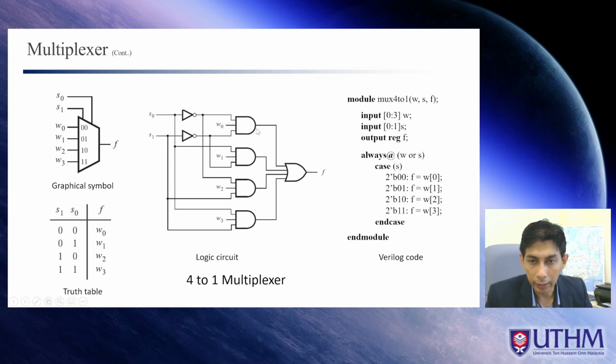And this is the structure of the 4-to-1 multiplexer, where this line is actually W0, S0 bar, S1 bar, so you have this and so on. Here you can also describe it using data flow modeling if you have the Boolean equation.